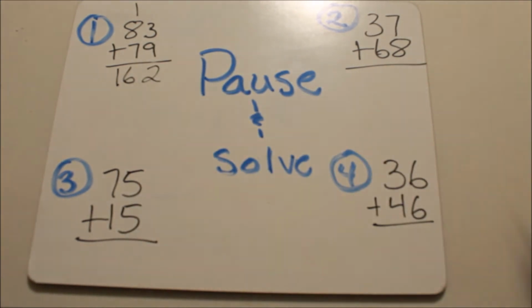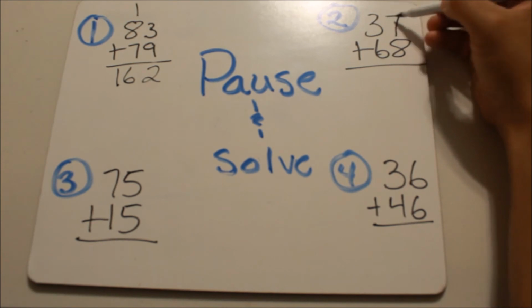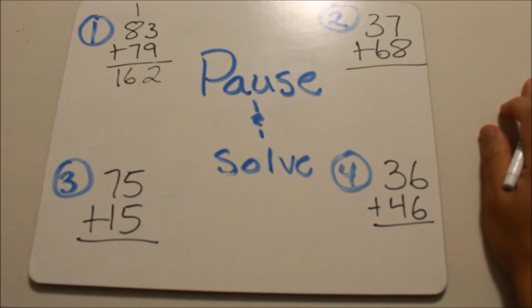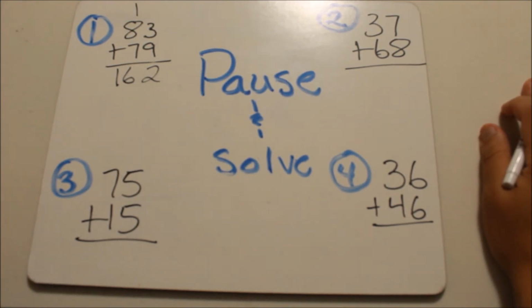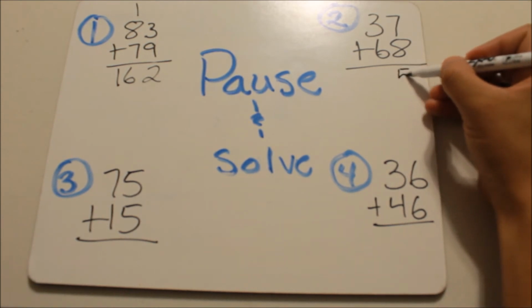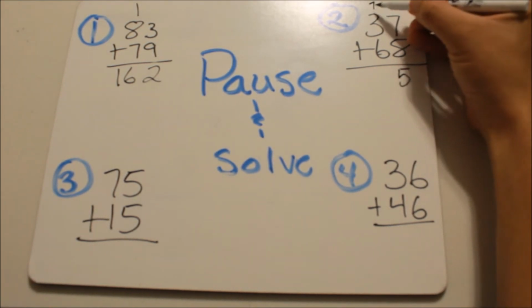Second one, making sure it's lined up. 7 plus 8. This one, I really want us to get really good at knowing this fact. This fact seems very difficult, but it's always going to give you the same answer. That's why it's called a fact. The fact is 15. Carry my 1.